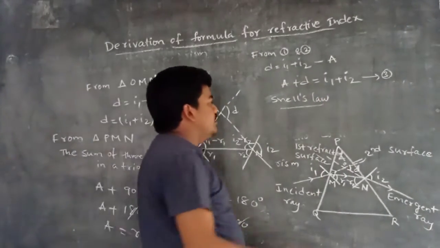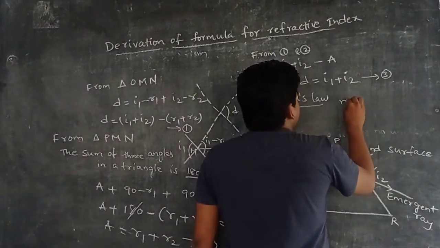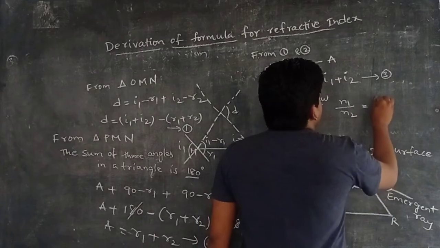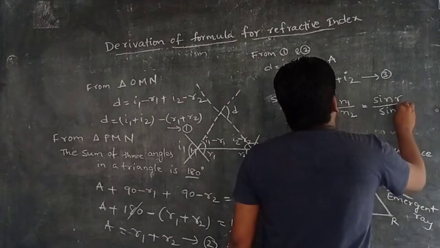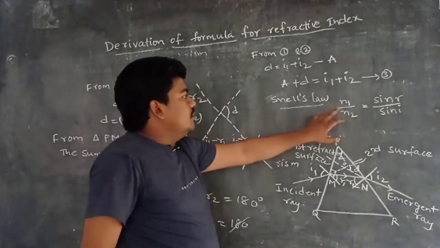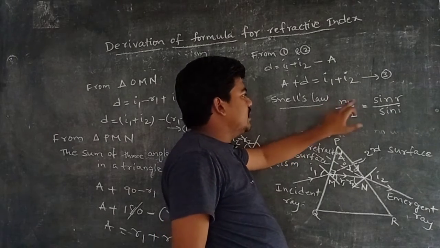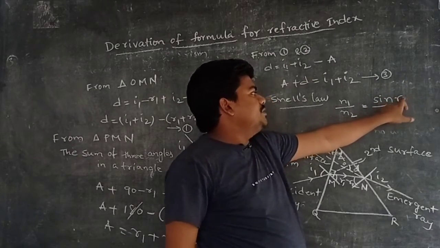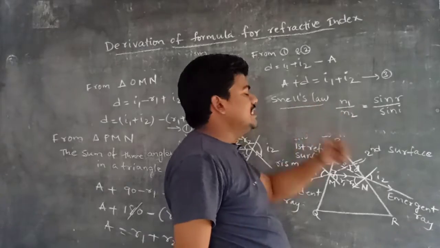It is the ratio between sin I and sin R. For example, if two refractive indices are taken as n1 and n2, n1 sin I equals n2 sin R. The ratio between the refractive indices of two media is equal to the ratio of the sines of the angle of incidence and angle of refraction. This is said to be Snell's law.